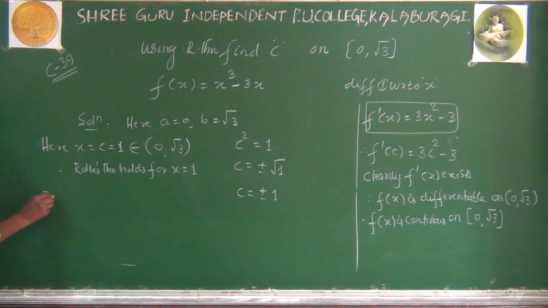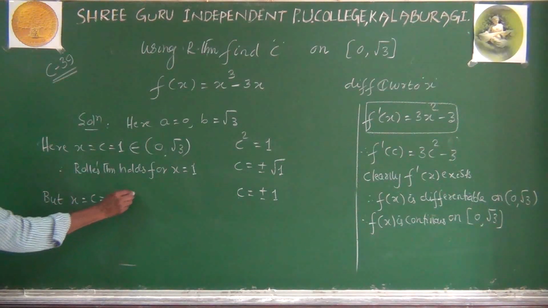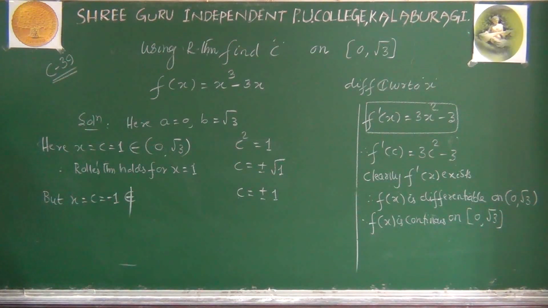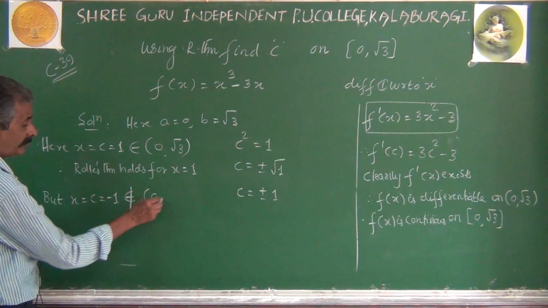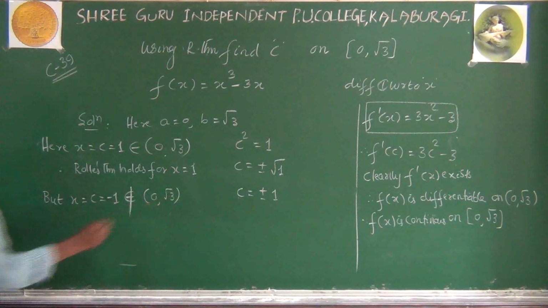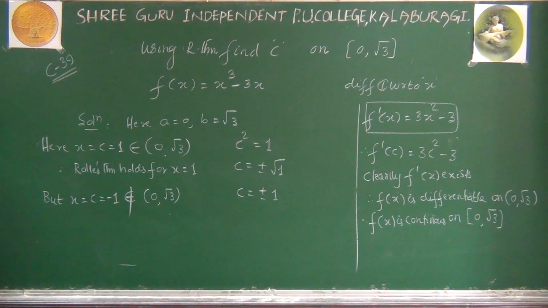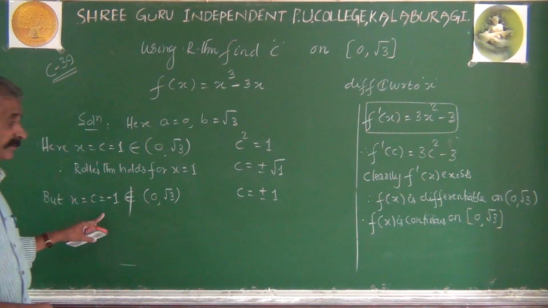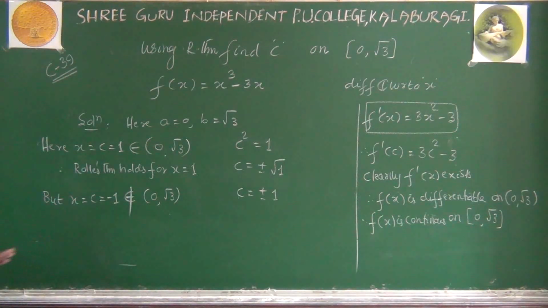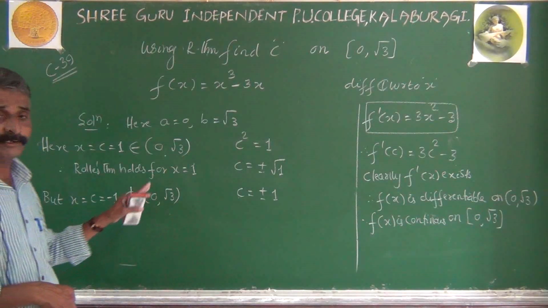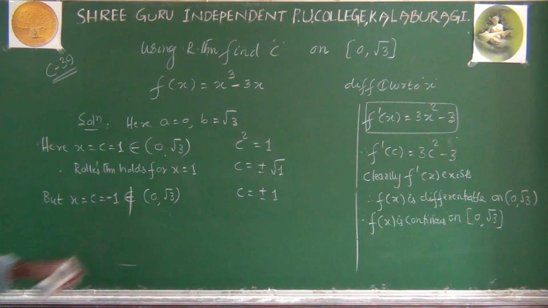But c equal to minus 1 does not belong to the interval 0 comma root 3. So for this value of x, Rolle's theorem does not hold. If the interval were given differently, suppose including minus 1, at that time definitely Rolle's theorem would hold.